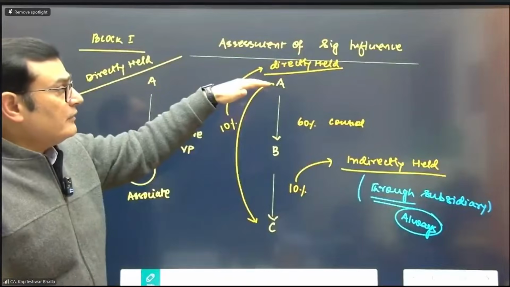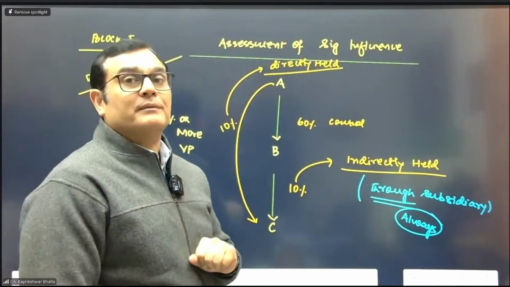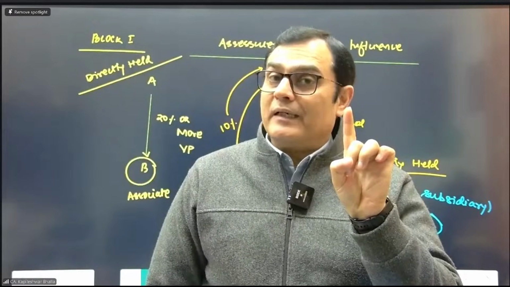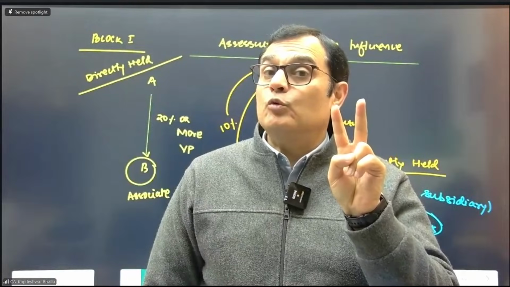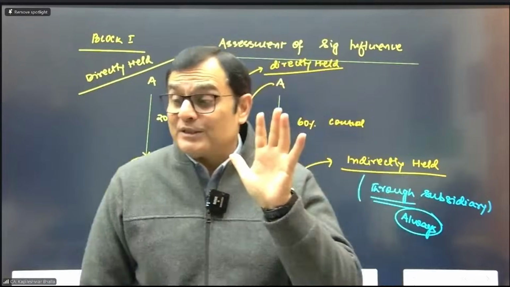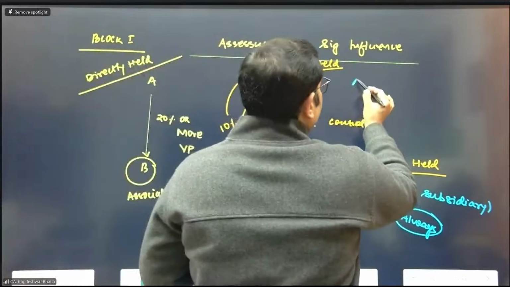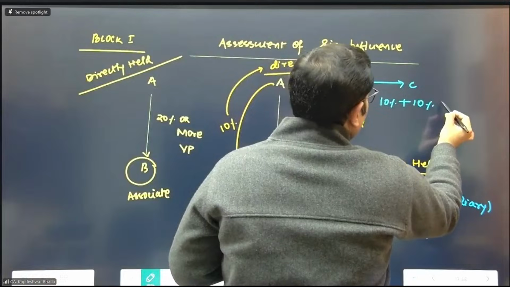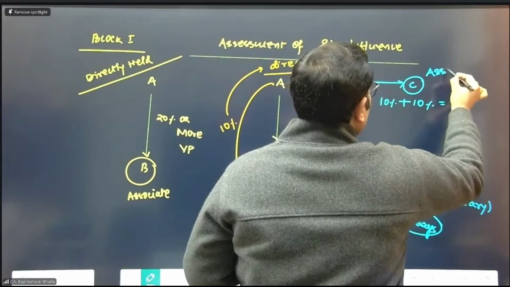For example, if A has got a significant influence over B, then C will not be able to become an associate of A, because A should directly have, that is one, but when he has indirectly, his indirect holding should always be through a subsidiary, otherwise it will not qualify for the purpose of this standard. I hope I'm very clear on my thoughts. So in this case, A has got in terms of C 10% direct and 10% indirect. He's got 20%. So we can say that yes, C becomes an associate of this company.